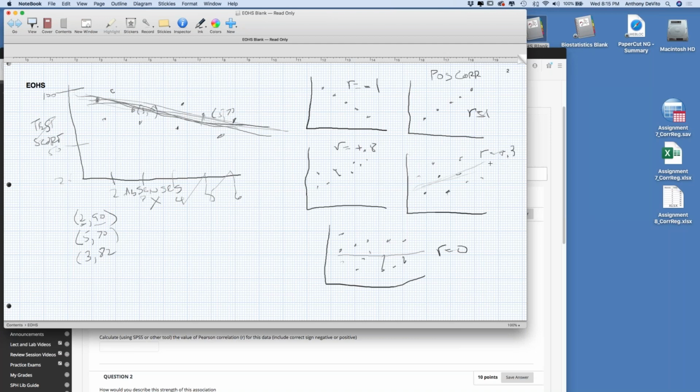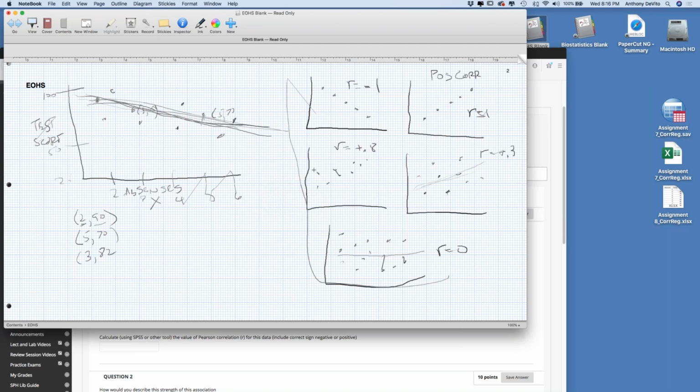So that's how we visually use the scatter plot to get a rough idea of whether or not it's worth pursuing, whether or not there's an association between these two values. Okay, so that's what we have there.